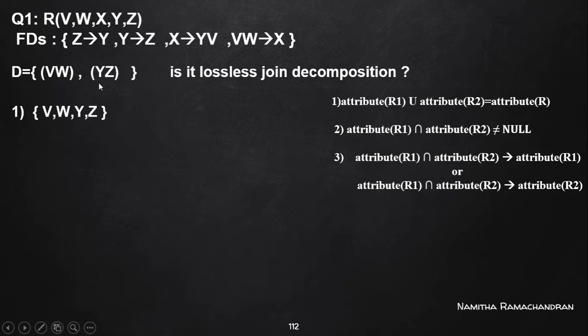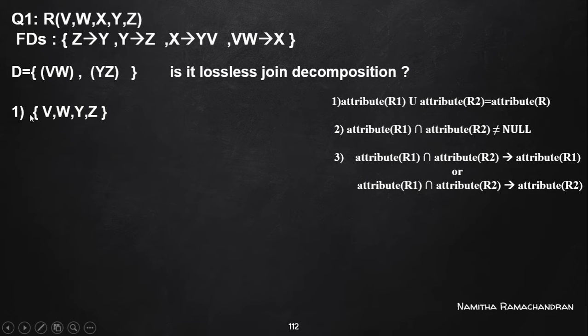While performing the union over these two decompositions, we get the resultant attribute set V, W, Y and Z. This is not equal to the set of attributes of our given relation R, because the attribute X of relation R is missing here. This means the first condition itself is not satisfied.